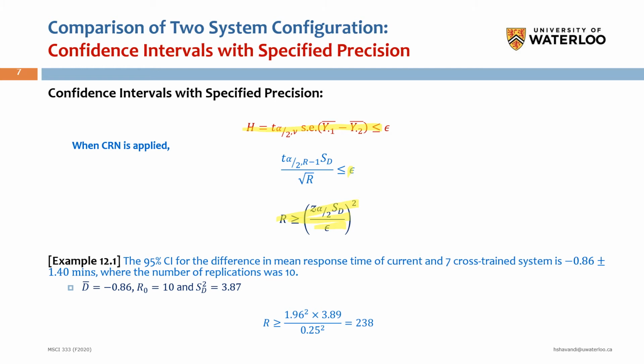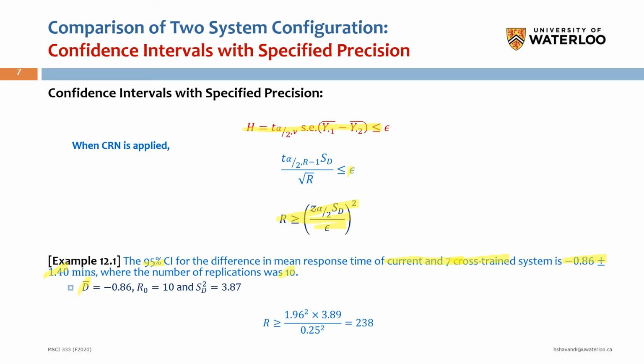For example, in the previous example, we constructed a 95% confidence interval for the difference between the current system and the proposed system with 7 cross-trained employees, and it was this interval. Okay, and the number of replications was 10.